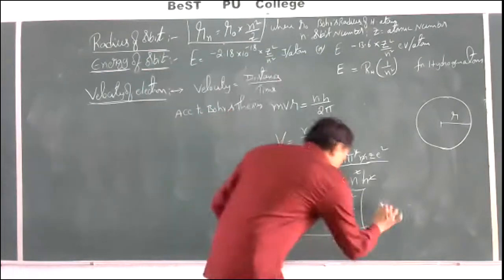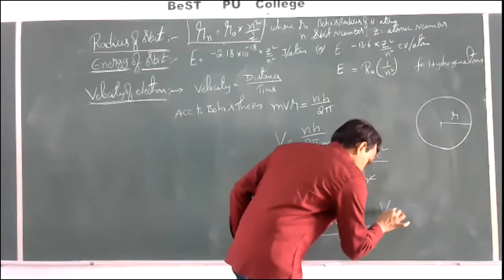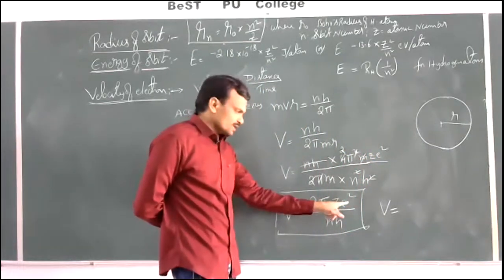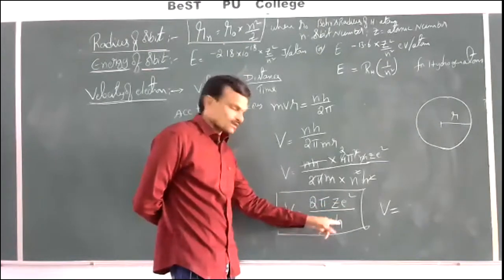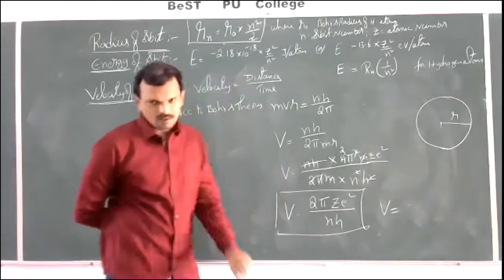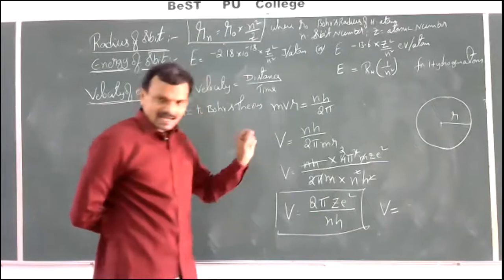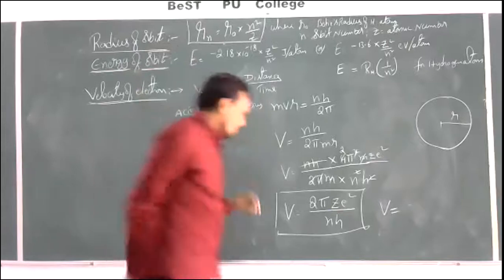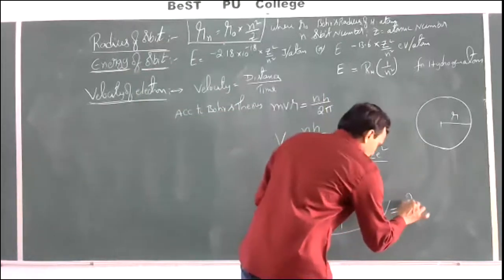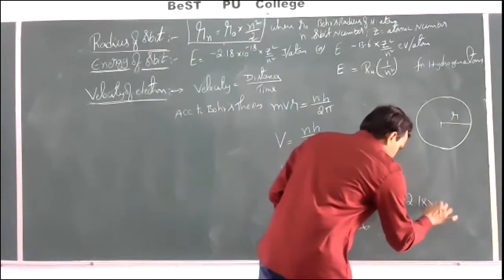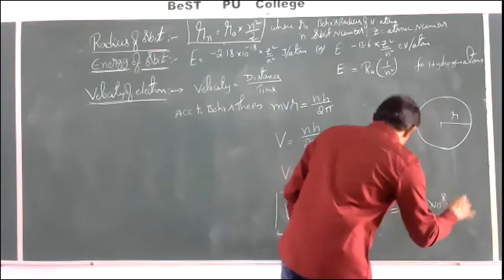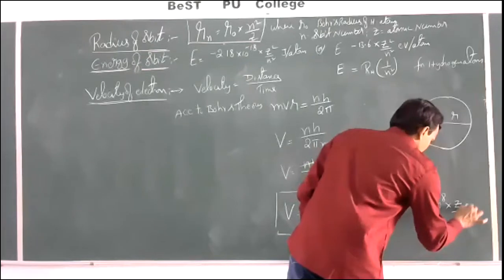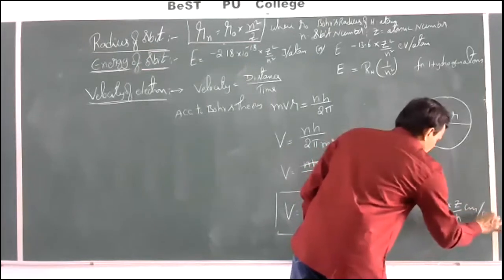Then v is equal to 2 pi Z e square by nh. Here Z is atomic number, e is charge of electron, h is Planck's constant, and n is orbit number. Except Z and n, if you substitute all the remaining values and simplify, you will get velocity v is equal to 2.18 into 10 to the power of 8 into Z by n centimeters per second.